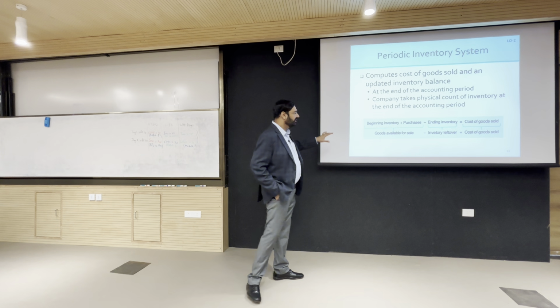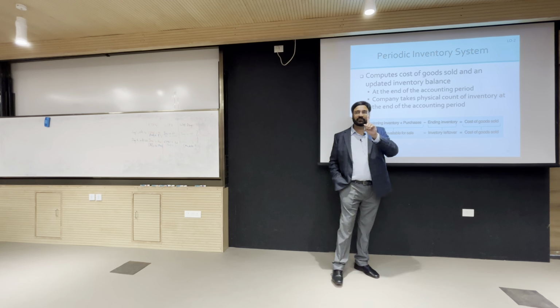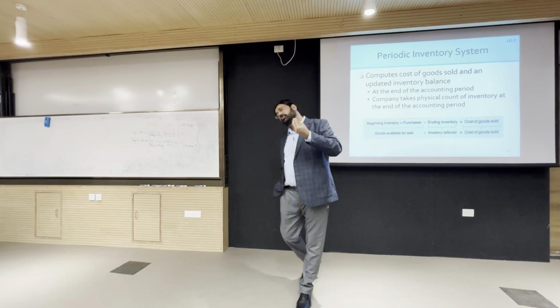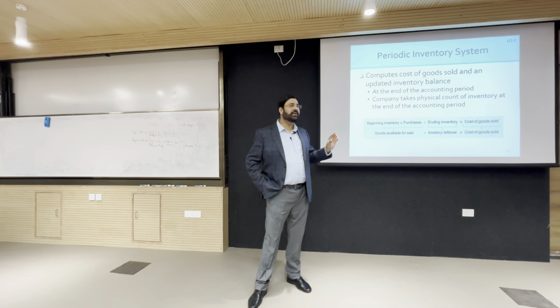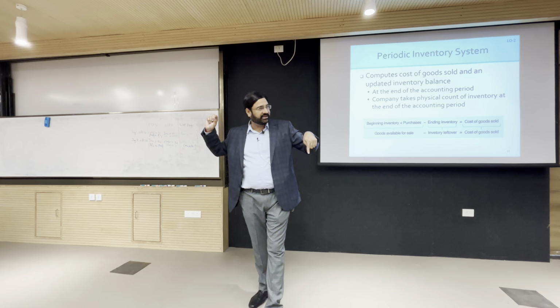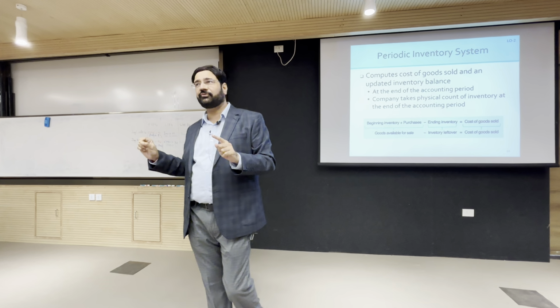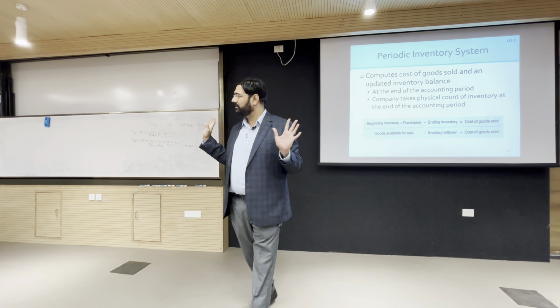So next year, what is your opening stock? 1 unit. Again you bought 10 units. So how many were available for sale? 1 of previous and 10 of this year. So 1 plus 10, 11 is available for sale.